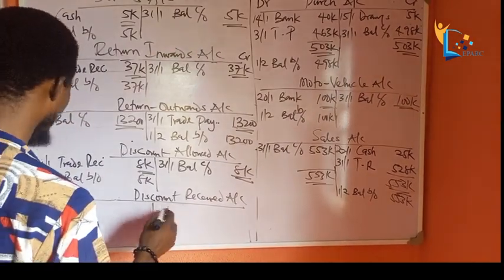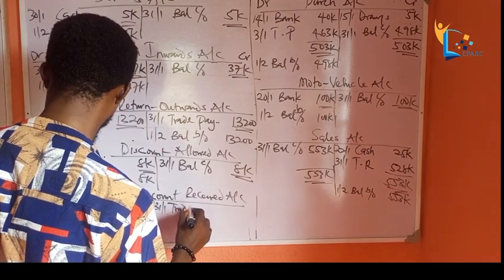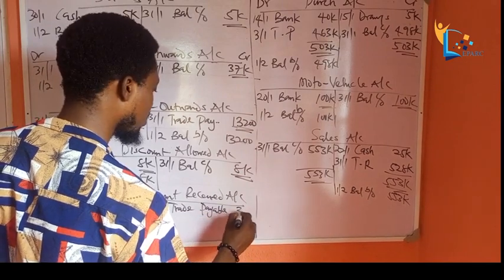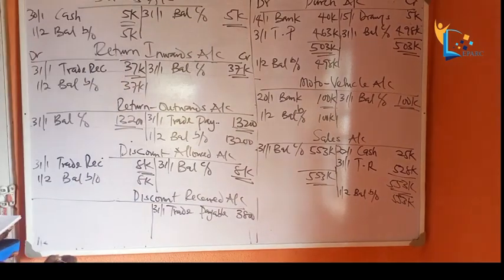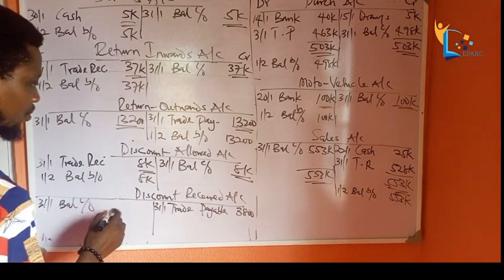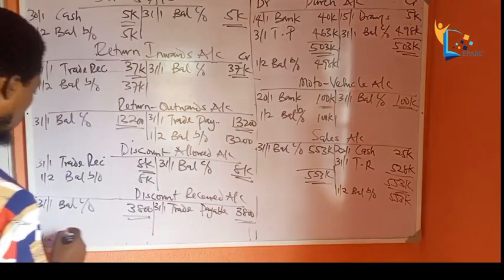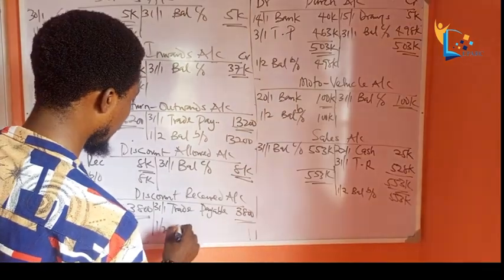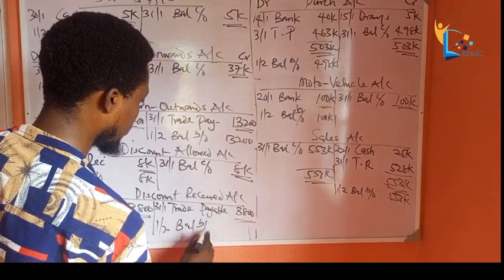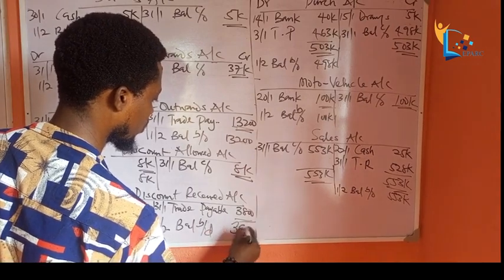Okay, so on the 31st we have trade payable, 3,800. Then on the 31st of January, balance carried down, we have 3,800. So on the 1st of February, balance brought down, which is 3,800.